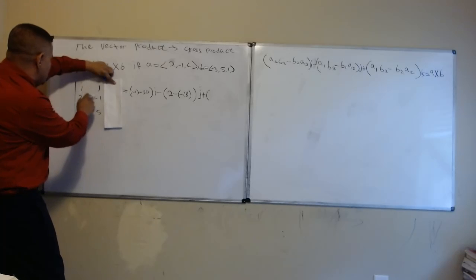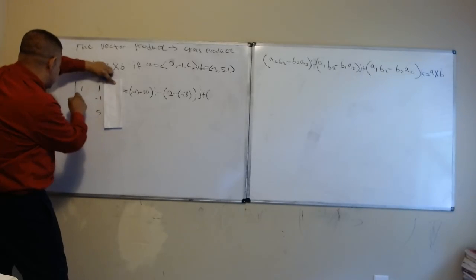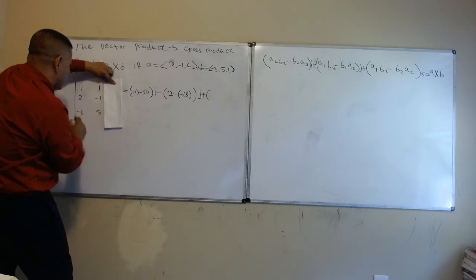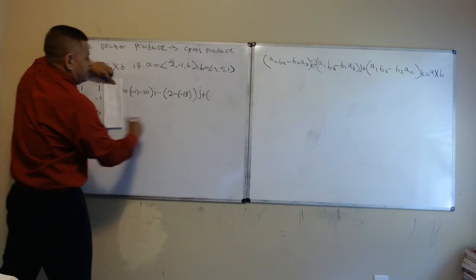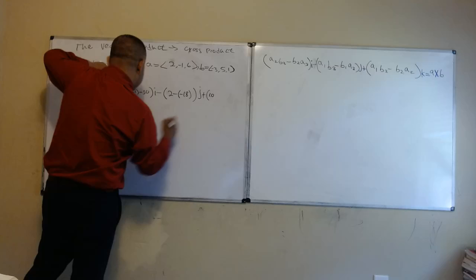Now I see the J, I see I and J, so I do this minus this again, 2 times 5 minus 3 times 1, right? And that's negative. Minus negative 3 times negative 1. So in this case, it's going to be 10, right?